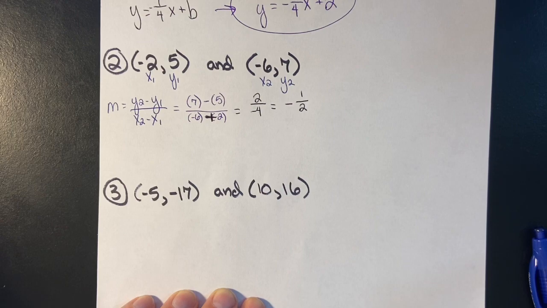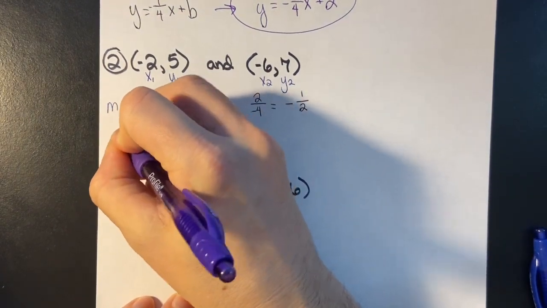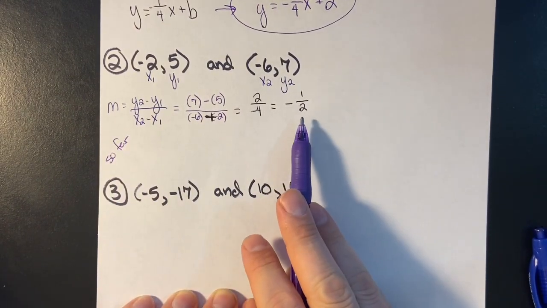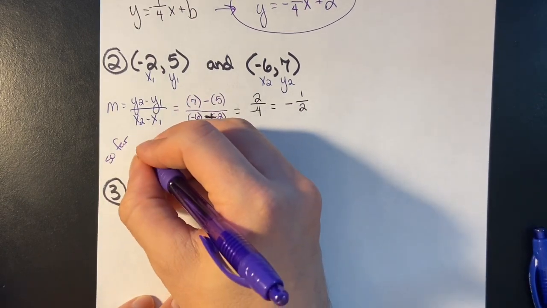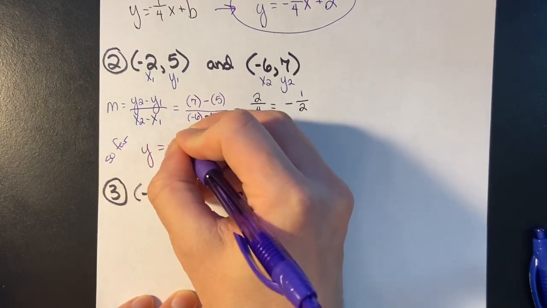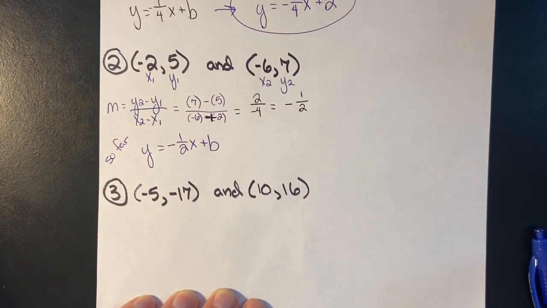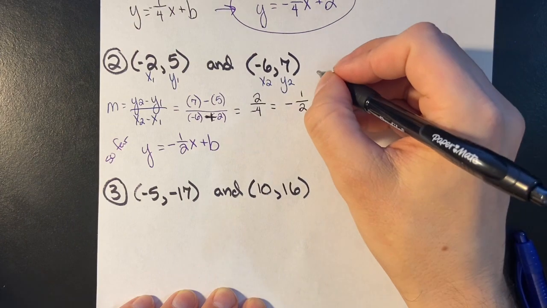So what I have so far, and I'll write that out: y equals mx plus b, but instead of m, I now know that my slope is negative a half. So far, I have y equals negative 1/2 x plus b. I need b. Well, I don't have a point 0 something, so I'm going to have to be creative here.